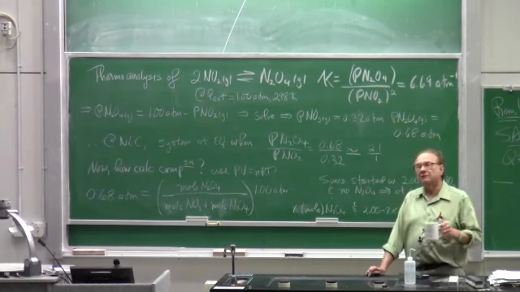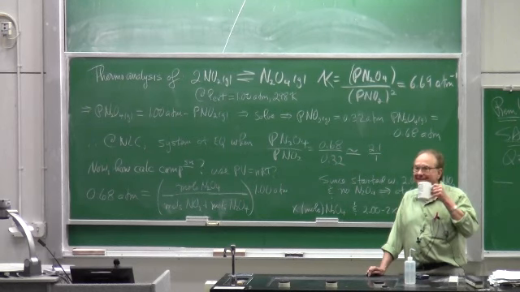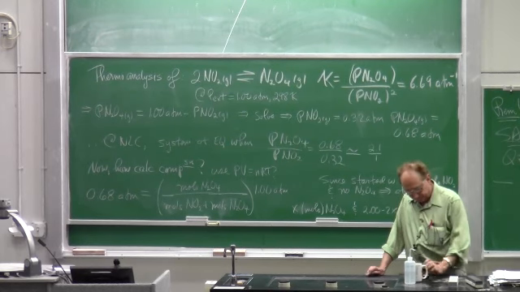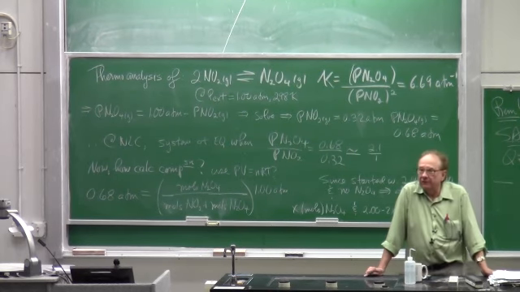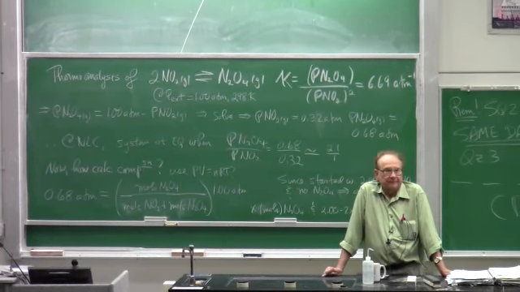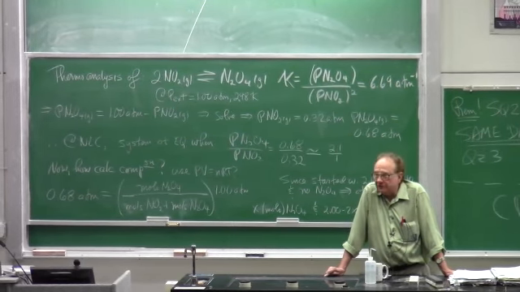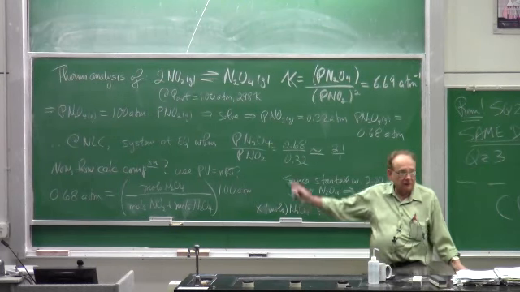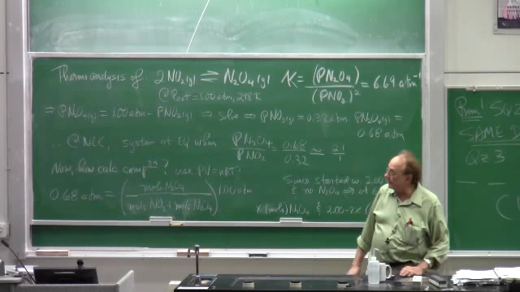What are the things which Dalton's law of partial pressures tells us? The total pressure of or on a gas phase system is equal to the sum of the partial pressures of the components. Nothing fancy about that.